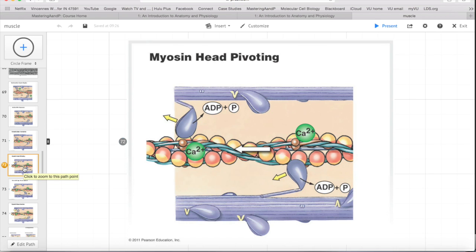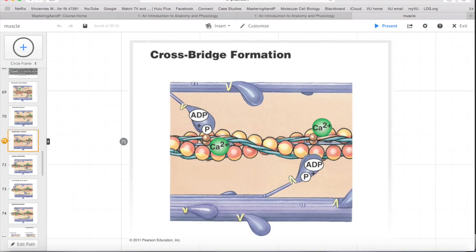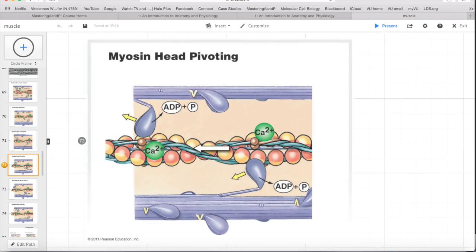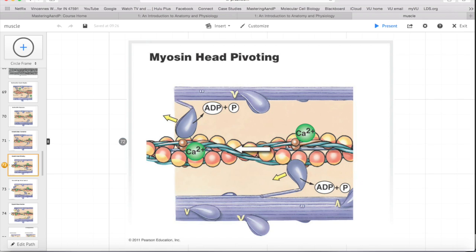They're stuck like this. So the cross bridge is formed, and actually it would do this, but then they're stuck because they need an ATP to come in and bind here so that they can detach. And when you die, that doesn't happen. That's why dead people get stiff. And that is chapter 9.